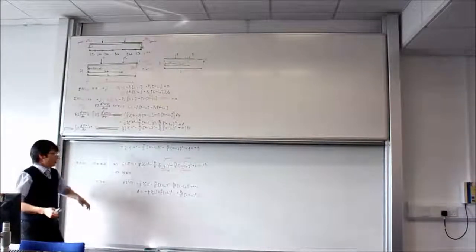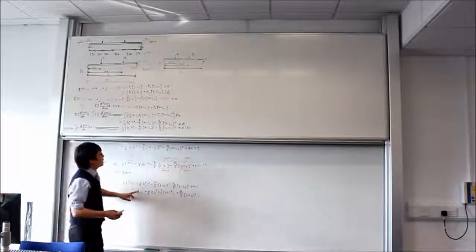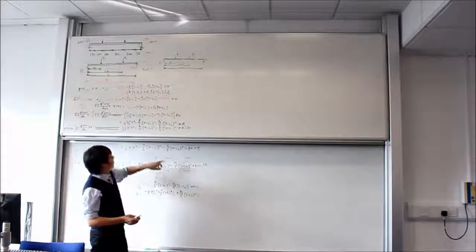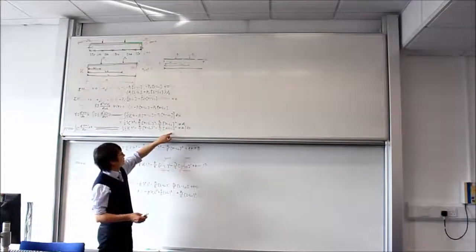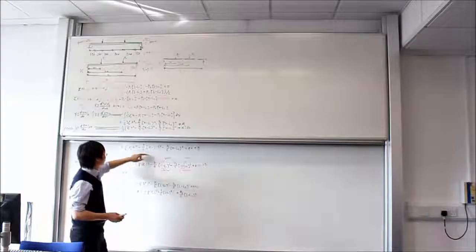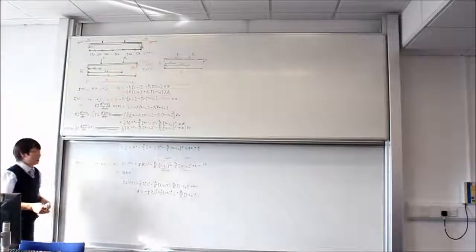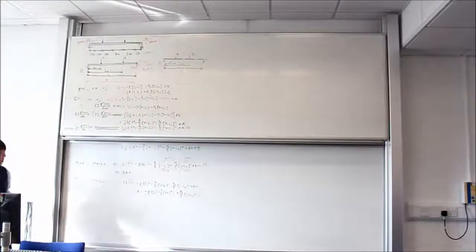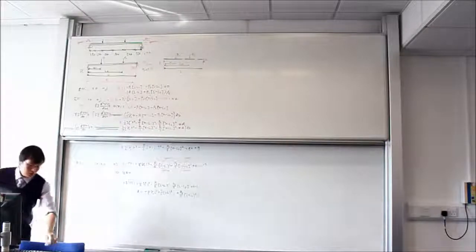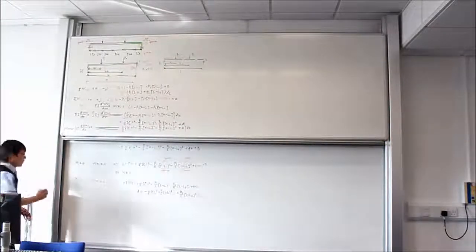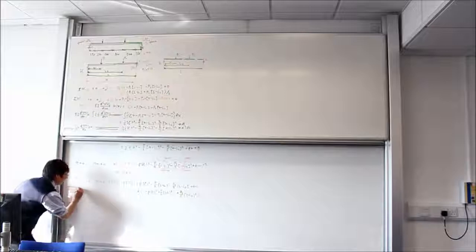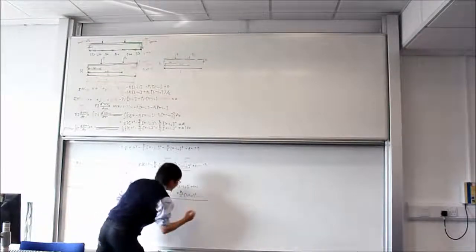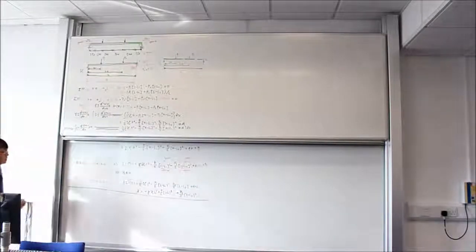And then if you put A back to the equation here, you get the deflection for the whole term as well. So finally, once we got all this, we can conclude the equation.